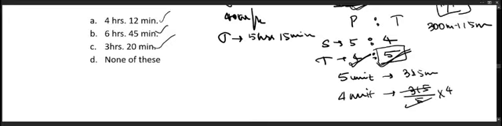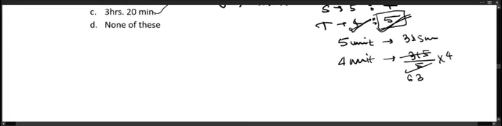We have to find the time taken by the police, that is 4 units equals 315 divided by 5, into 4. 315 divided by 5 is 63, and 63 into 4 is 252. The answer will be 252 minutes.